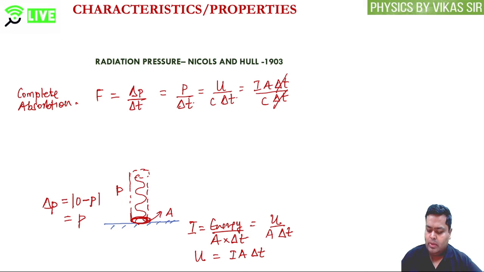I into A को I can write as power. So that's equal to the power upon C. So that looks like my expression for the force. This is the case when the radiation is getting completely absorbed.